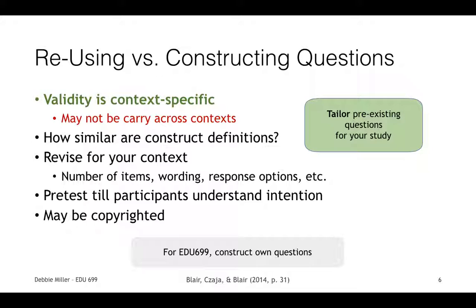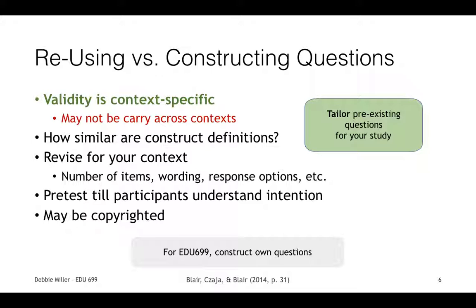So, one thing you may need to start by asking if you are considering an existing instrument is whether your definition of constructs is similar to the original definitions. You want to define your constructs before you decide to use the other instrument. Then look at the previous researchers' definitions for comparison.